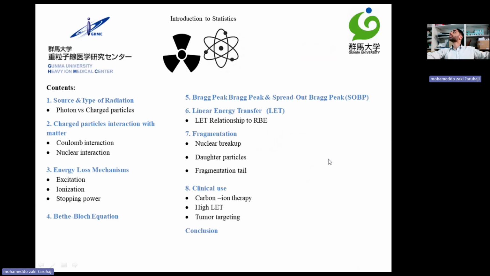Okay, slide change. So we will start with the basics, quickly going through the basics from 1 to 3. Then from 4 to 8, we will be more focused on understanding the physics we use in our particle therapies.